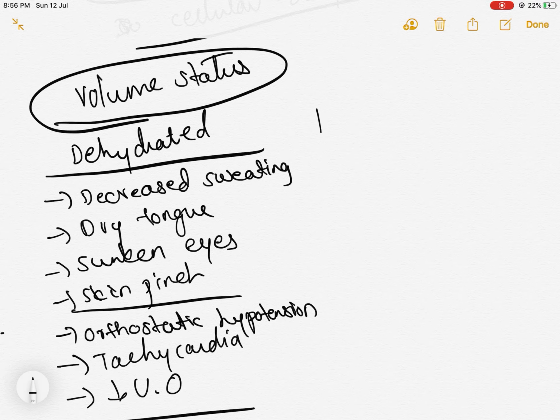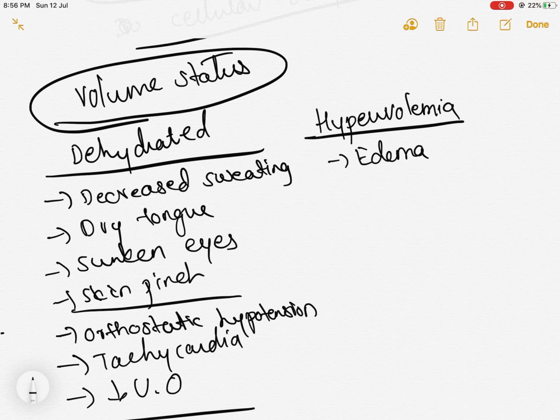What are the features of hypervolemia? Presence of edema. It could be pedal edema, sacral edema, or facial edema. Presence of fine crepts on respiratory system exam. Presence of LV S3. So these three features indicate hypervolemia.